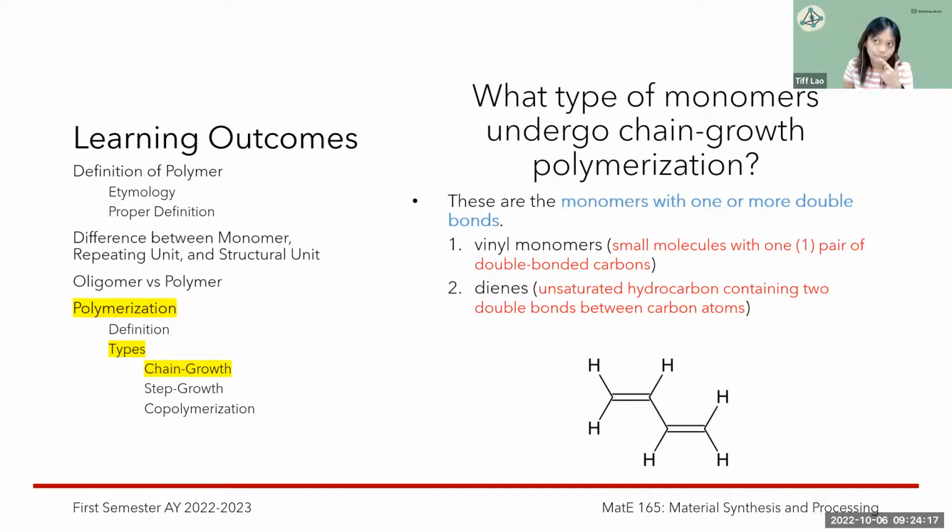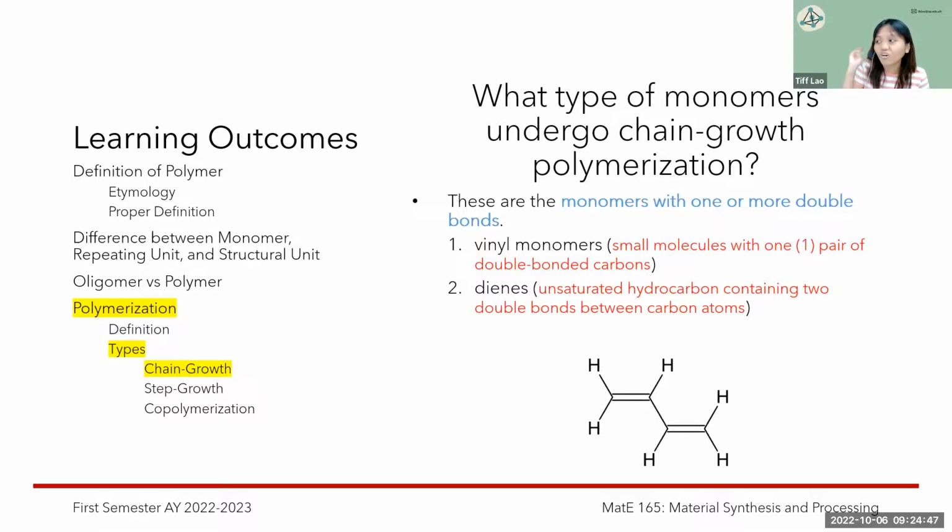Di ba may tatawag tayong organic chemistry na functional groups? Do you remember? Yung mga ketone, yung mga ganon. Yung chain growth, wala siyang paki dun. Kung ano yung functional groups mo, doon lang talaga siya.